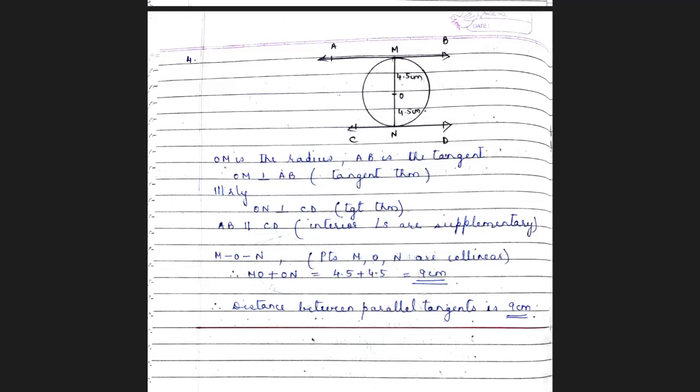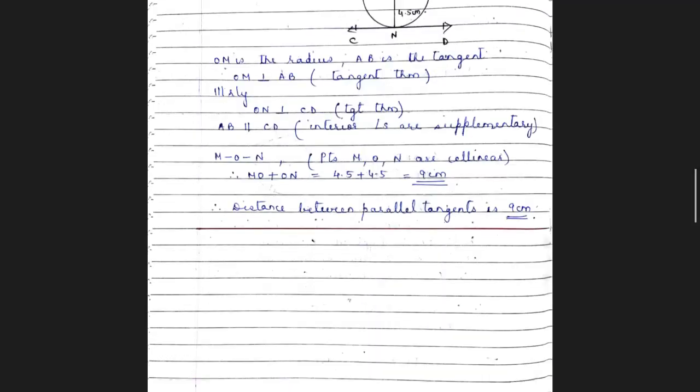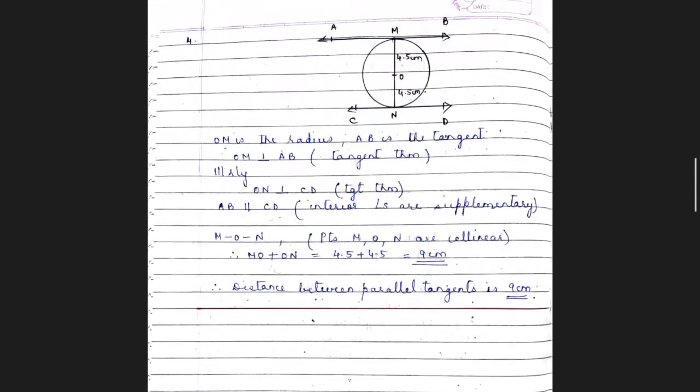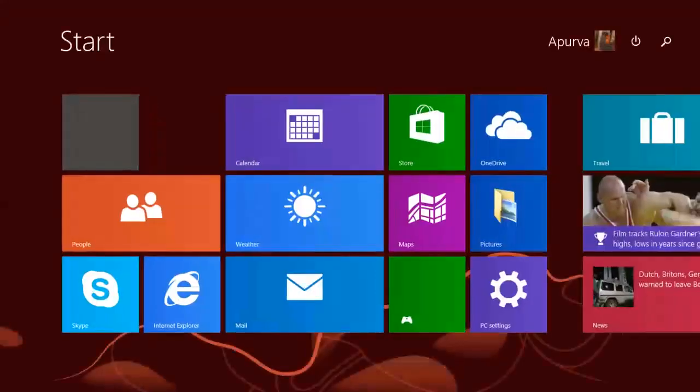Therefore, the interior angles are supplementary. You have M-O-N, that means the points M, O, N are collinear. They lie on the same line. And therefore, MO plus ON, we can add this up. 4.5 plus 4.5. The distance between the two parallel tangents, you get it as 9 centimeter. Okay. So, that's question number 4.